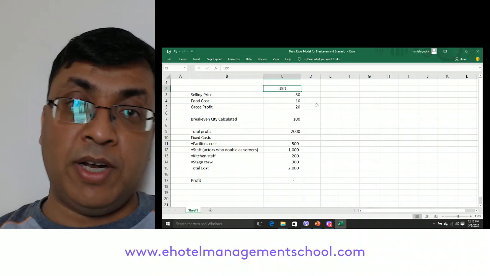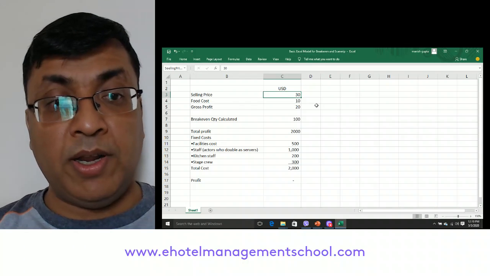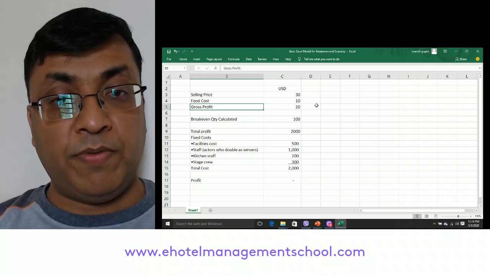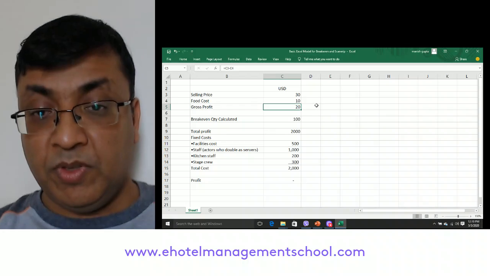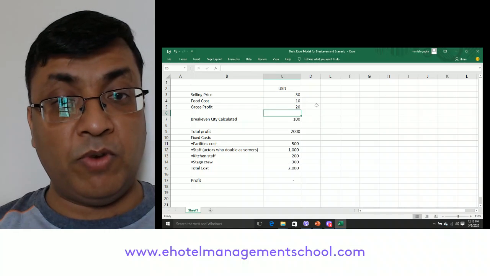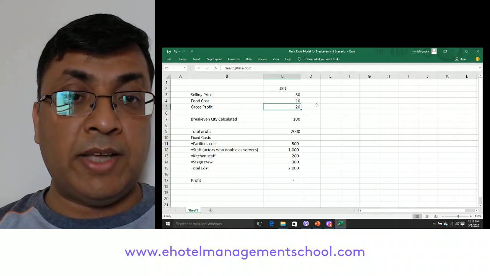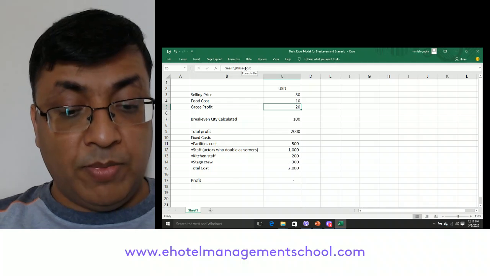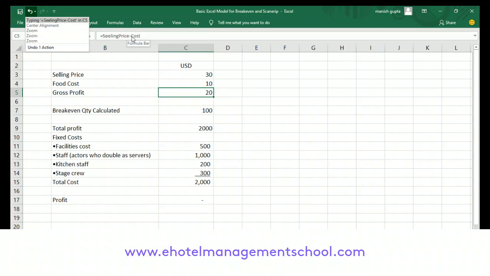So I have already put up the model here. Selling price was 30, food cost was 10. The gross profit will be equal to the selling price minus food cost, which becomes 20. Here, as you will see, I'm not using cell references.